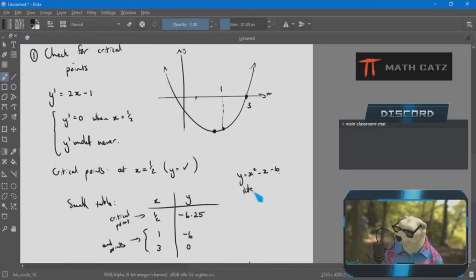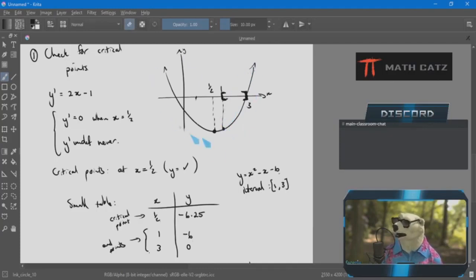My interval or my window is 1 to 3. So I got a critical point, forget the scale here, at 1/2, but my window is 1 to 3. Once I have an interval specified, they specified it, or for whatever reason, I am stuck to that, and technically nothing else matters.